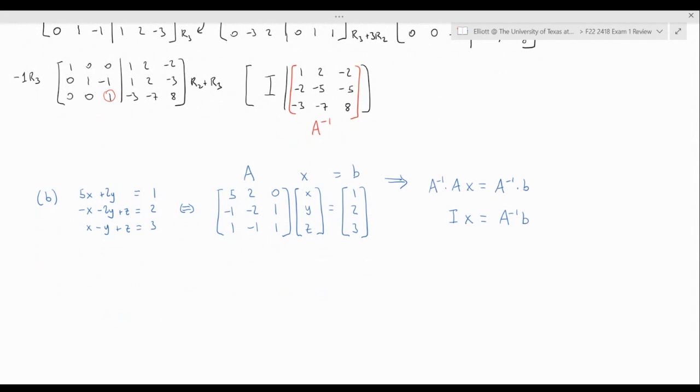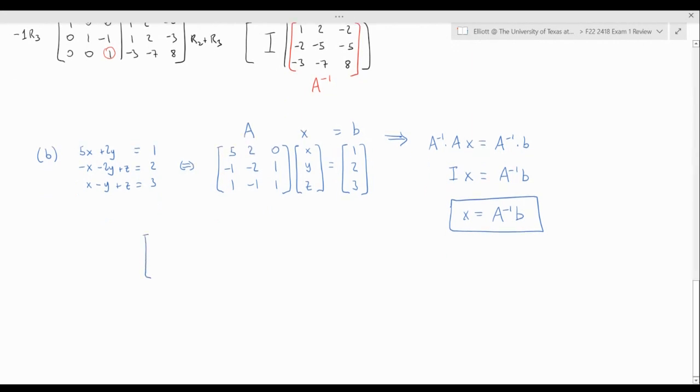And we know that the identity is like the number 1, so I times x is just x, okay? So in other words, you can actually solve for x by simply multiplying A inverse with B, and that will get you the solution to the system of equations, all right?